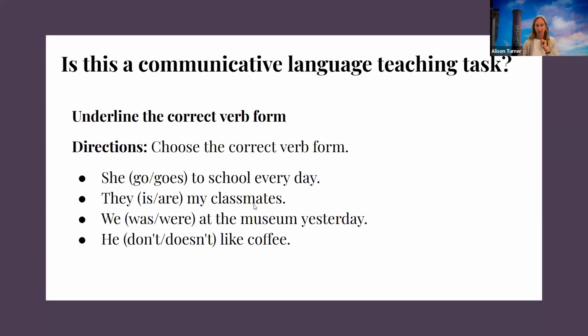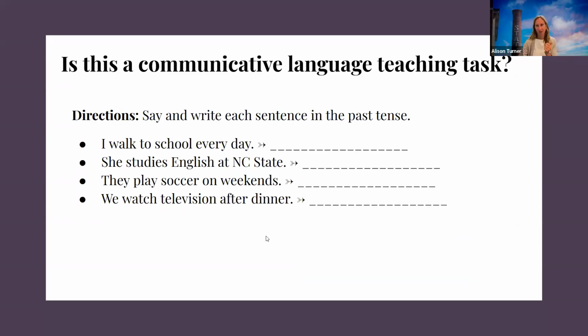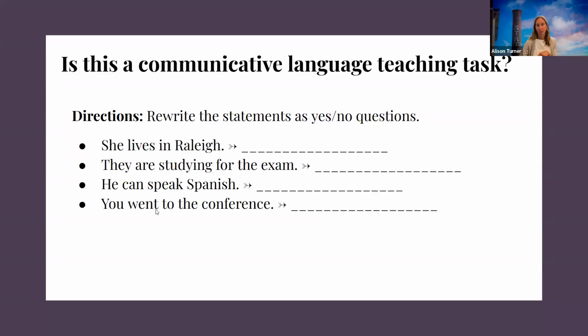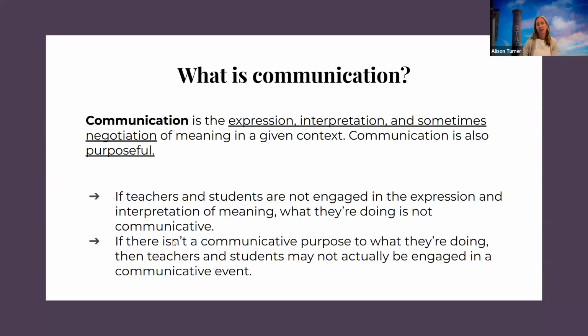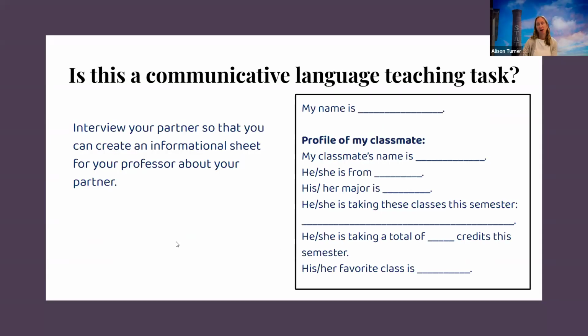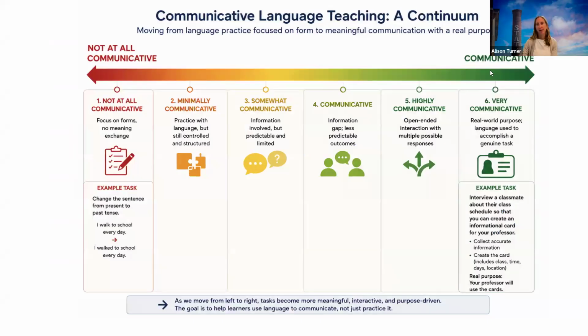It's certainly better than what we saw here, or here, or here, right? And if you have studied a language before, I bet you have done activities like this in the past, right? So this is where we're trying to get our tasks in our classroom. So just keep that in mind.